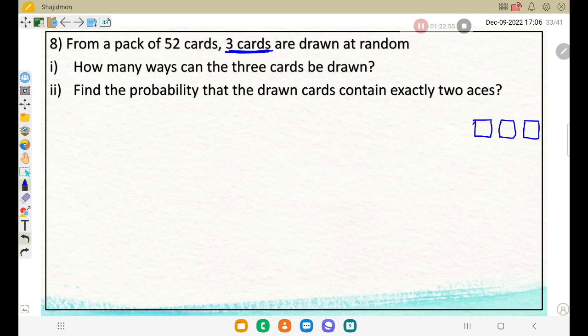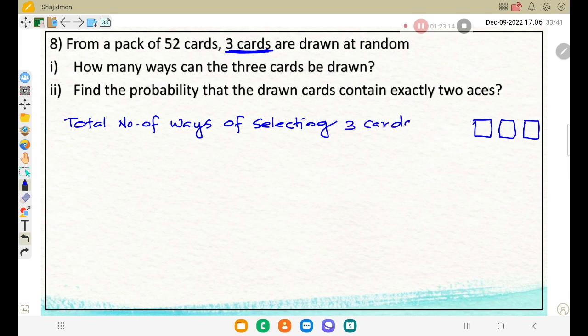So how many ways can we choose? We can first write the total number of ways of selecting 3 cards, correct? We need to choose 3 cards from how many cards? In total we have 52 cards.